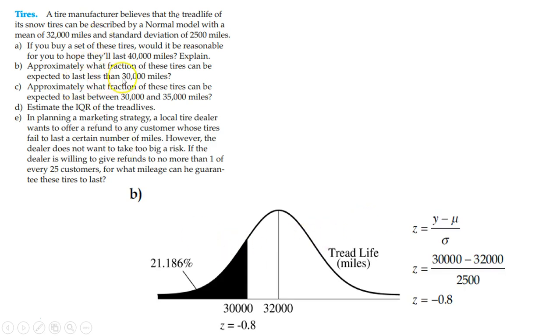Part B, however, says approximate what fraction, and fractions are basically percents, of these tires can be expected to last less than that.